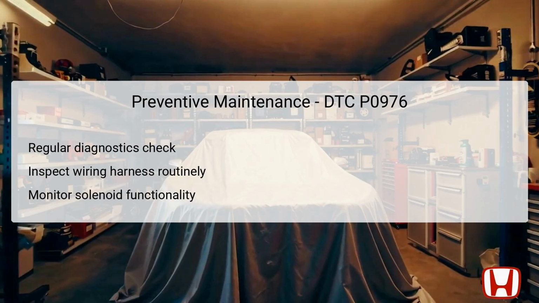Additionally, monitoring the functionality of the shift solenoid can help ensure that it continues to work properly as it ages. Being proactive with these inspections and checks can lead to a more reliable transmission system and longer vehicle lifespan, ultimately enhancing both performance and safety.